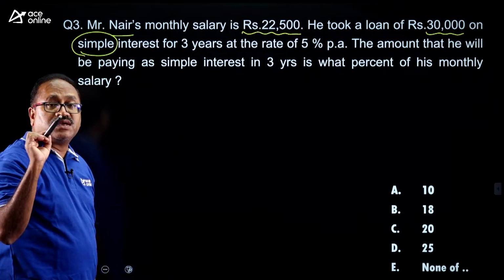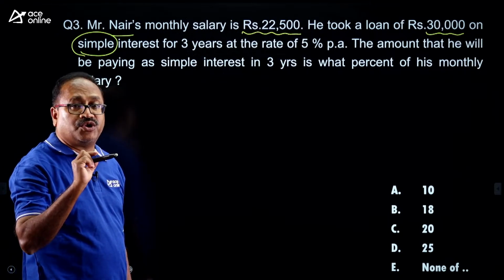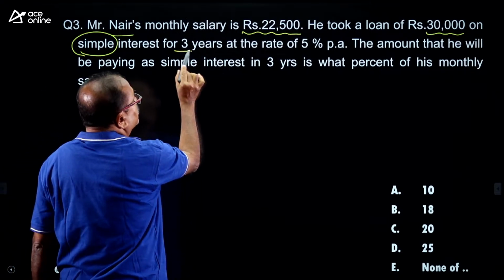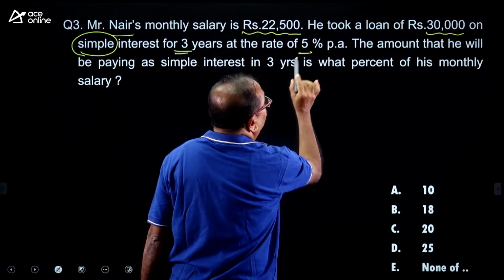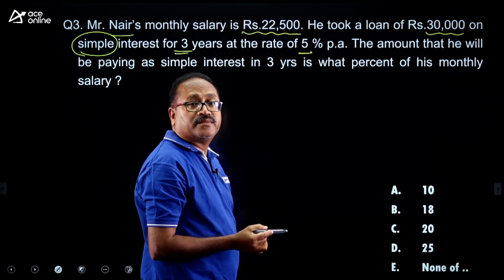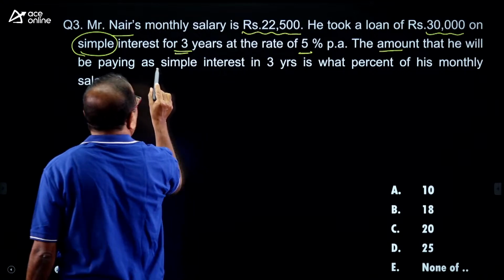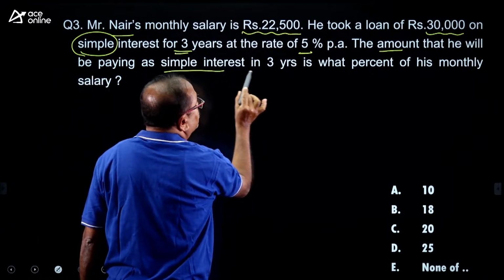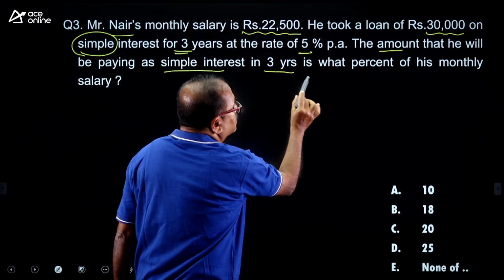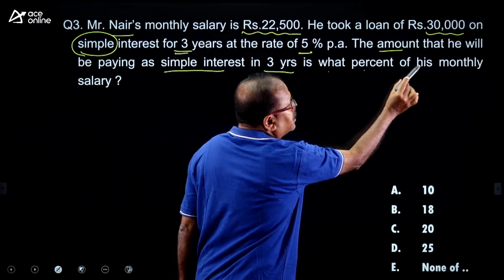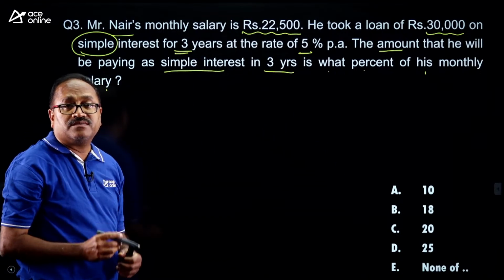Please always underline or notice whether it's a simple interest or compound interest. Don't take it casually. Time is 3 years. Rate is 5% per annum. It's clear? The amount that he will be paying as simple interest in 3 years is what percentage of his monthly salary.